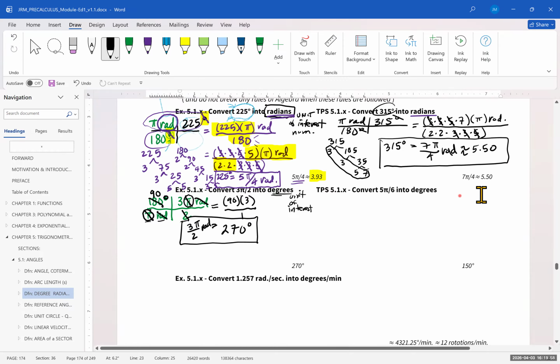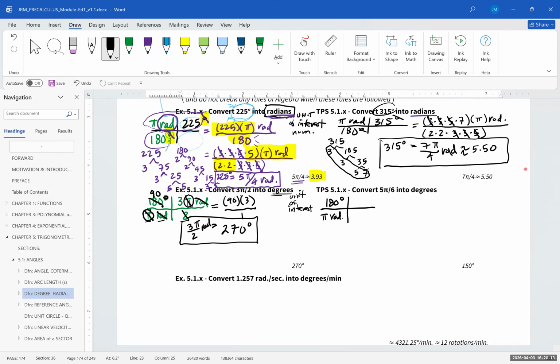All right, so let's look at this one, converting into degrees. So using cancellation of units, we want degrees to be in the numerator. So we're going to use 180 degrees is equal to pi radians. And we're trying to convert 5 pi over 6 radians. So radians cancels with radians. Pi cancels pi. And let's do 6.